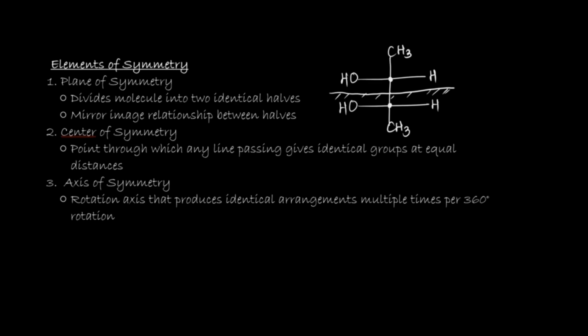Okay, and the second one is center of symmetry. Center of symmetry means from the middle point, how the symmetry occurs. For example, if I'm taking a simple molecule like CO2, or CH2CCH2. Here I have a central carbon, and on both sides from this point I find the same molecule attached, and on the other side also the same molecule.